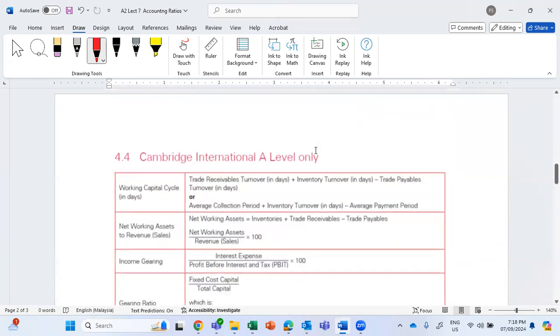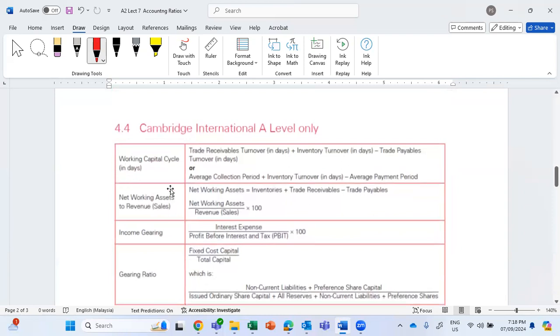Now in A levels, these are the additional ratios that you need to know. Okay, starting with what we call a working capital cycle. So working capital, in SPM, we learned it as modal kerja, right? So working capital refers to current assets minus current liability. So nowadays you call it net current assets, right?